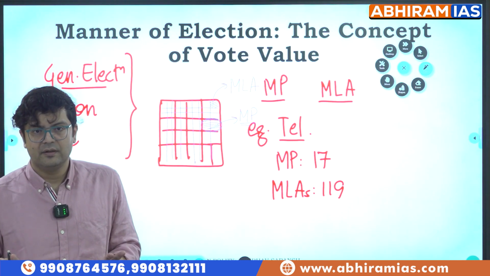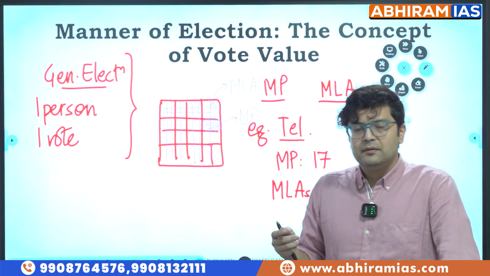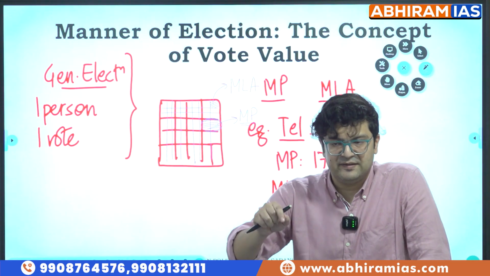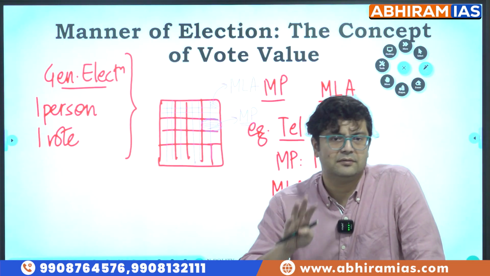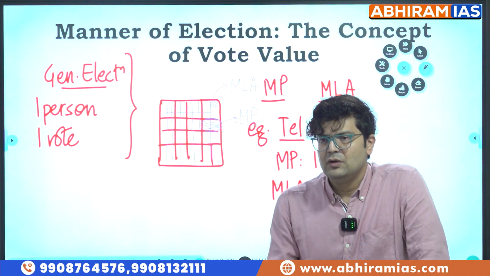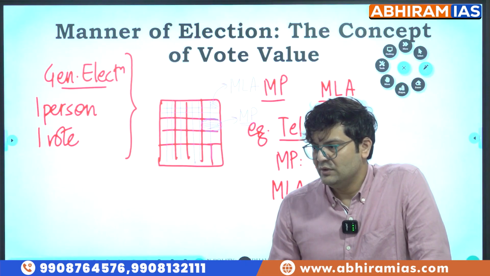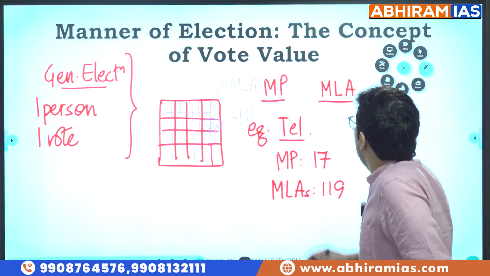The concept, basically. That is why we have to firstly find out what should be the vote value of an MP. Meaning, if the MP presses the button or casts a vote in your favor, how many votes will you get? We have to calculate that. And for that, Gopalaswamy Iyengar gave a formula to calculate the vote value. It's very easy and simple.